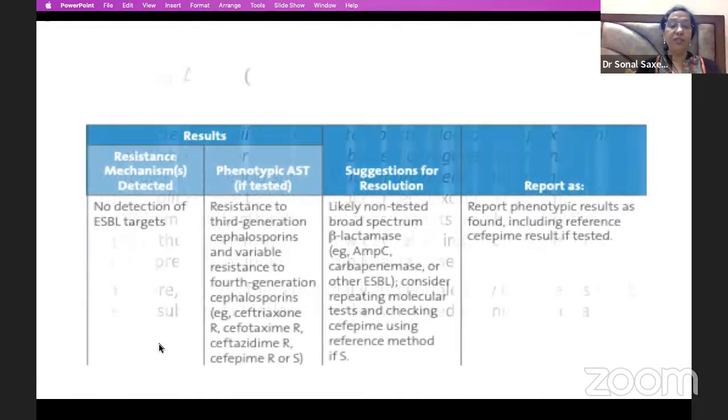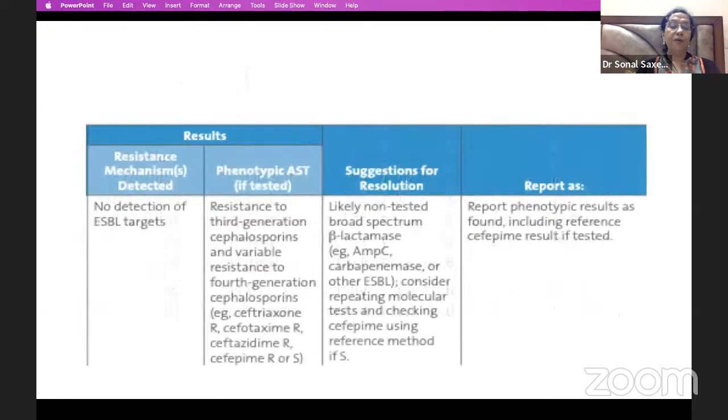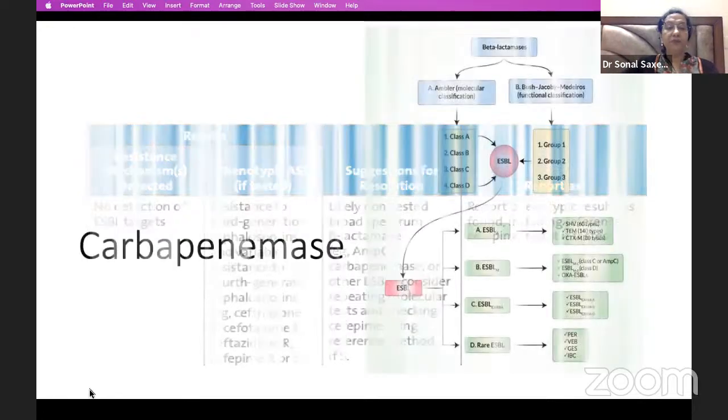So remember that for these drug-bug combinations, do not report for beta lactams. So if there are no targets of ESBL detected and there is a resistance to third generation cephalosporin and variable to fourth generation, there are likely non-tested broad spectrum beta lactamases. So you report what you find phenotypically because that is going to work better when you have a system like this.